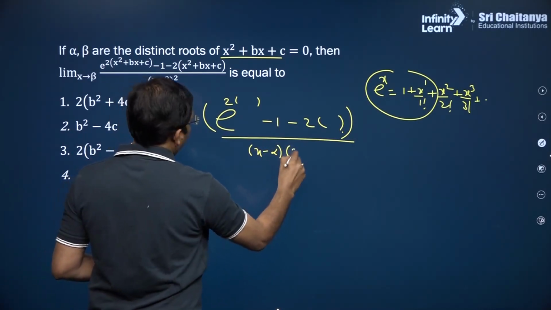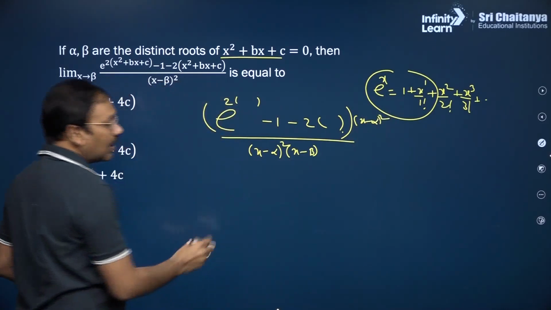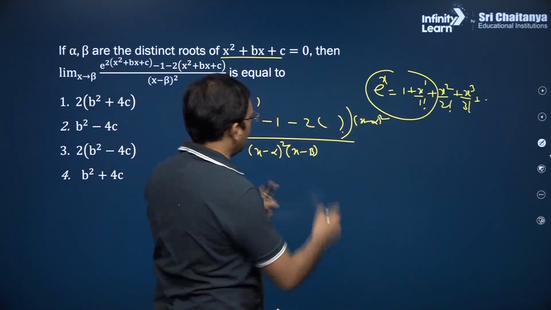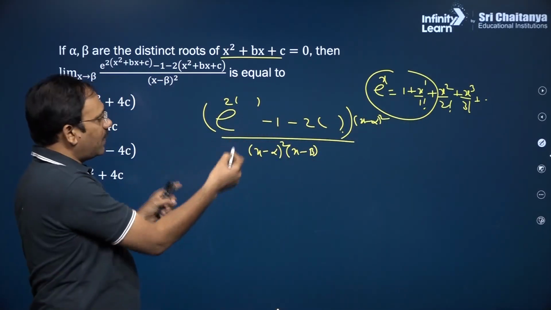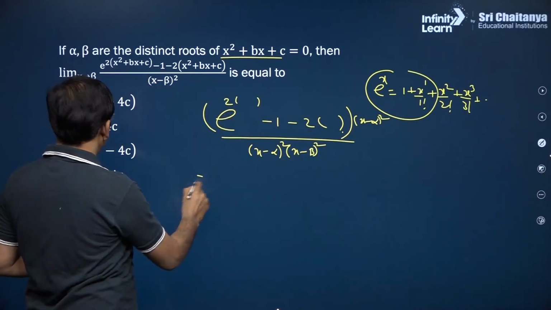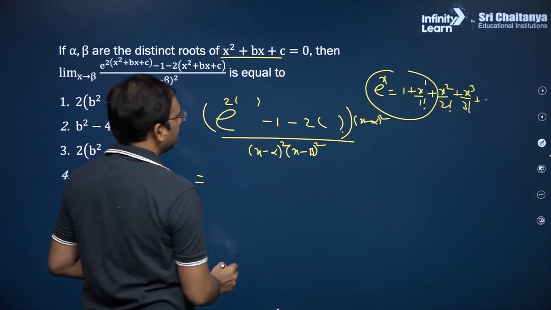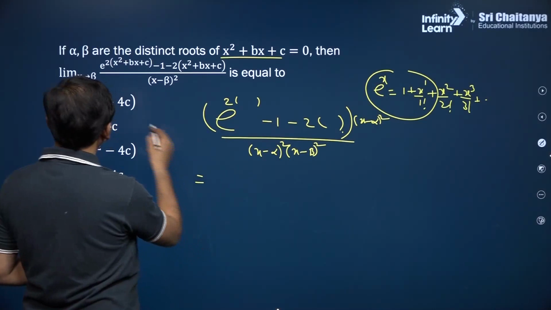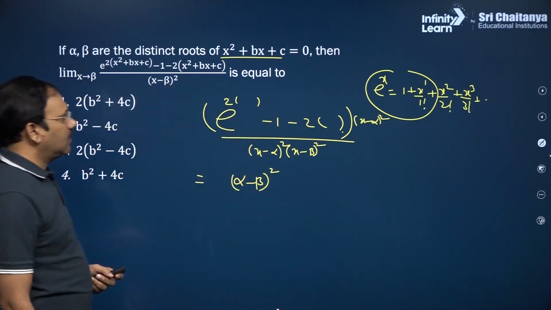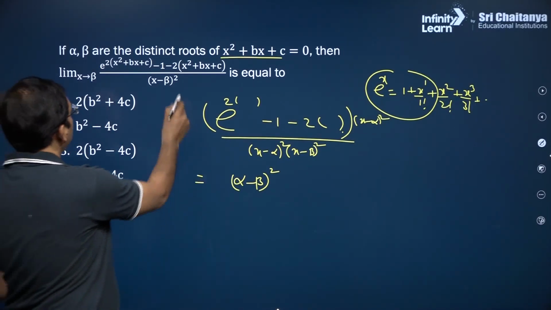So, you just multiply with x minus alpha whole square in the numerator and denominator. Now, my dear friends, exactly if this is replaced by this part, you are going to get x square by 2 factorial by x square. So, you will get 1 by 2 factorial. So, my dear friends, here you are going to get 1 by 2 factorial, into, as x tends to beta, you are going to get alpha minus beta whole square, right, e power x minus 1 minus, this is nothing but 2, my dear friend.